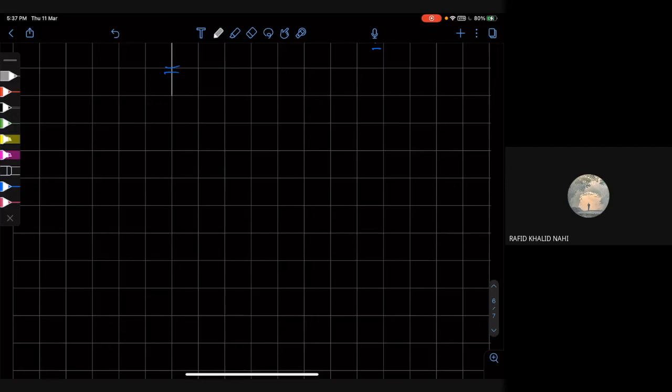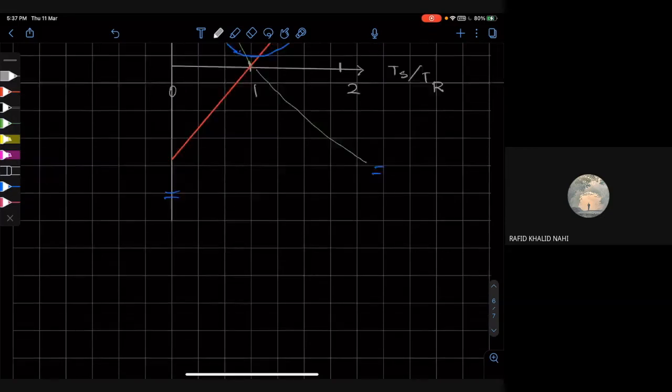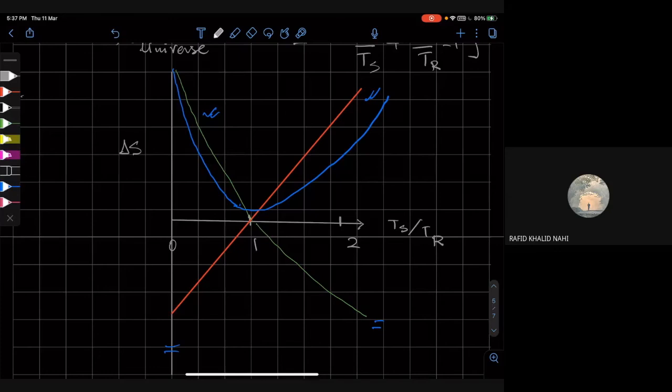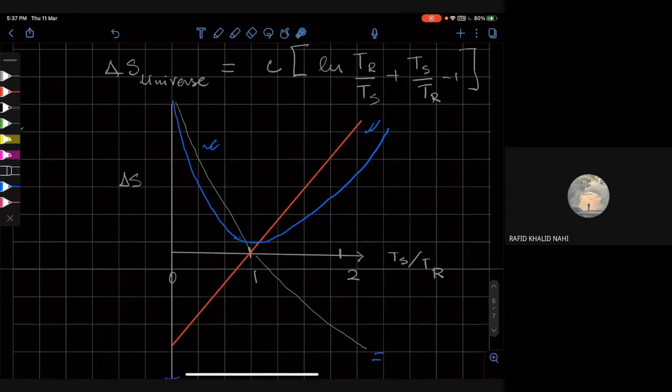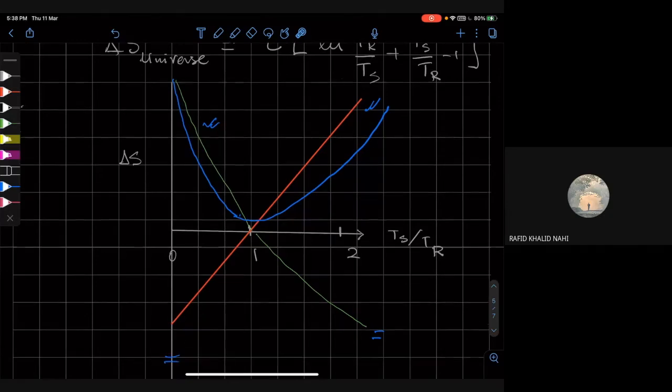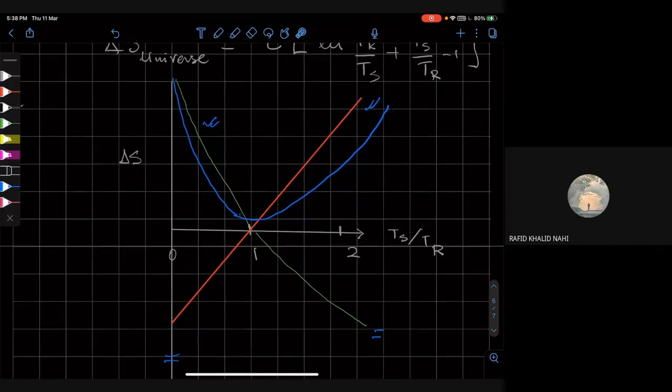So what is the summary of the system and the universe? I got lost in the middle. Right. So basically, the universe here is just the sum of the system and the reservoir. That's what we are calling the universe. It's just a tongue-in-cheek way of saying that it's the sum of the system and the reservoir.